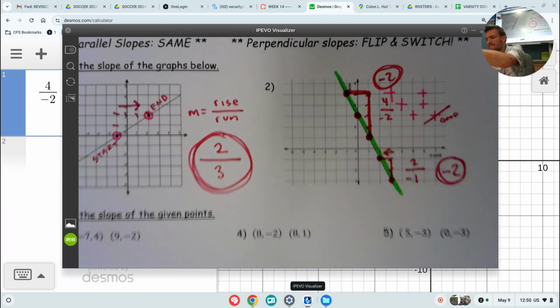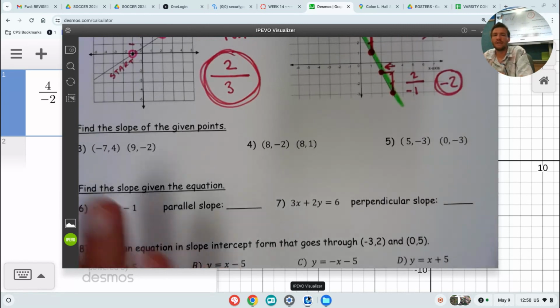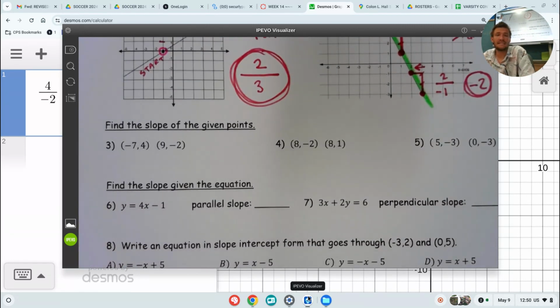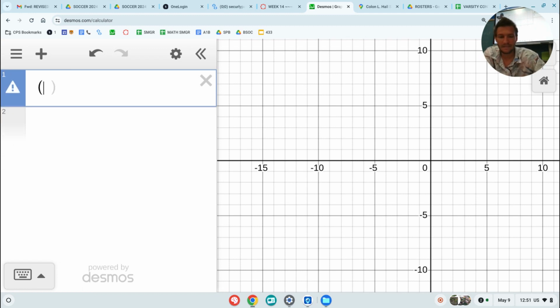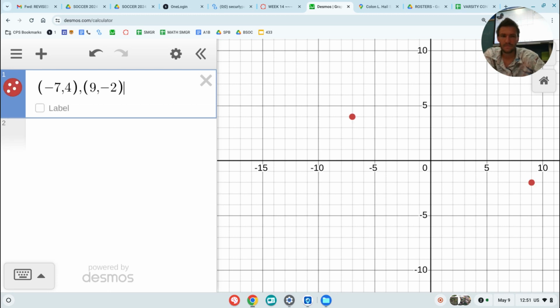Okay. Down here, we are missing the picture. So we don't get the picture. We need to figure out the slope. I'll give you 3 different ways to do this question, okay? My least favorite, the one that I don't like, type it in, -7, 4, and type in the other one, 9, -2.